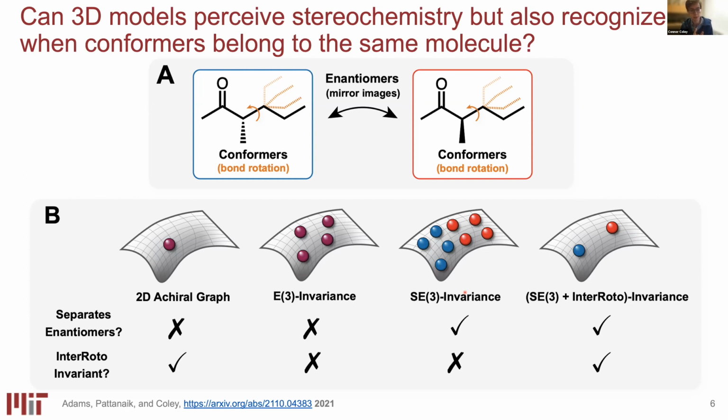And that's the subject of this preprint that's linked at the bottom, where we build a new type of invariance, equivariance, into a neural network such that the model mathematically treats conformers that differ by rotatable bonds identically. So we can tell enantiomers apart, we can have arbitrary rotations around single bonds, and the model treats them the same, the rotatable bonds, I should say.